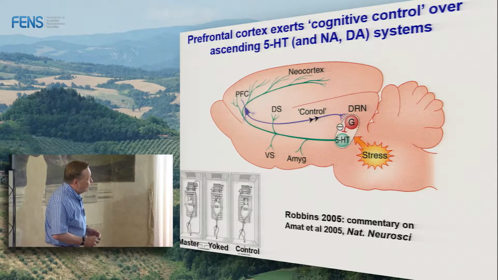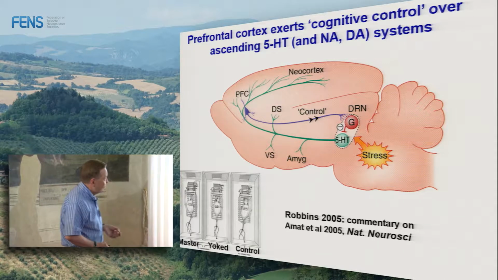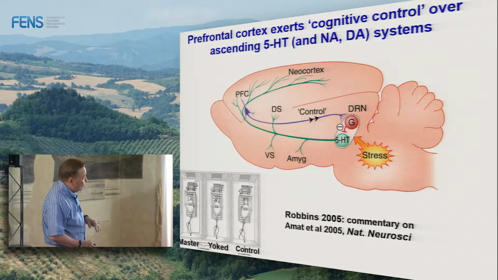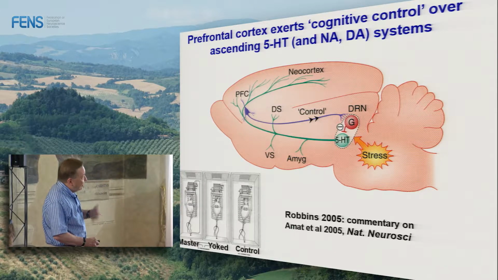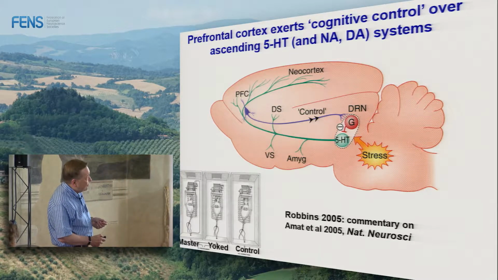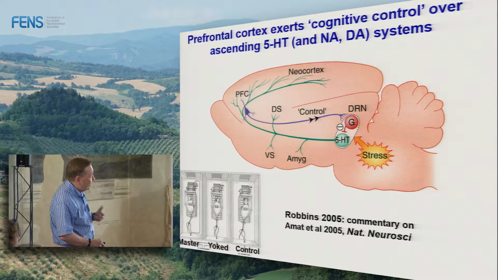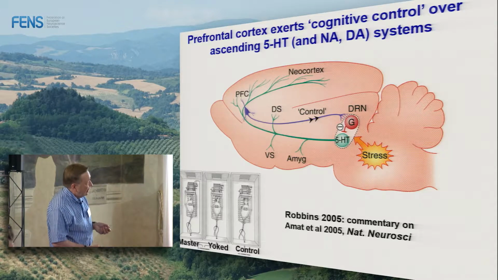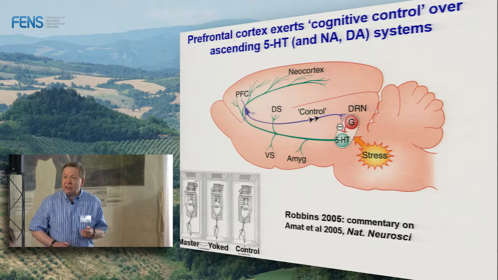And so taking out this ability of the animal to realise that it has mastery of the situation, in other words, these rats who are able to avoid the shocks by pushing this wheel, if the frontal cortex is inactivated, they lose their ability to realise that. And this results in a dysregulation of their serotonin systems.